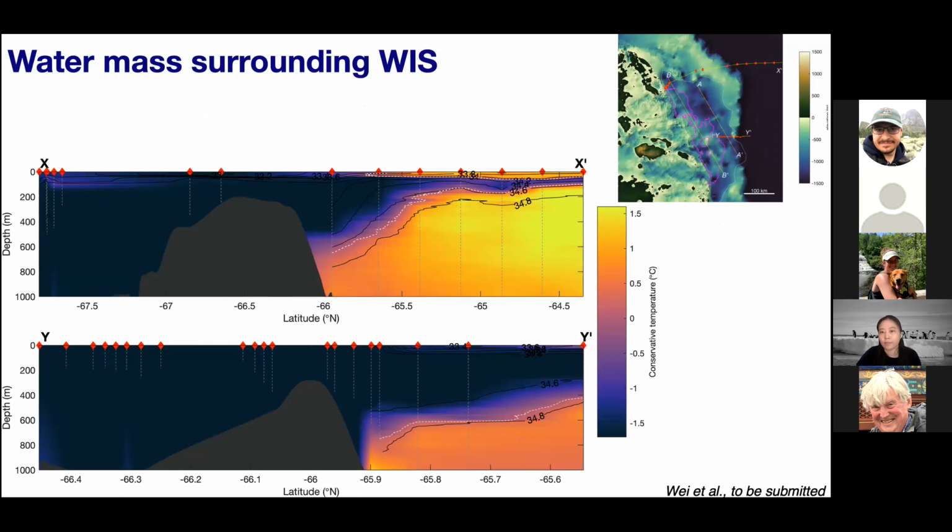One possible explanation for the lack of CDW near west calving front could be that warm, dense water mass is blocked by the bathymetric heights around here. So if we look at the transect XX prime, we find that only cold water reaches a nearby ice shelf region, and the CDW is blocked away at about 200 kilometers.